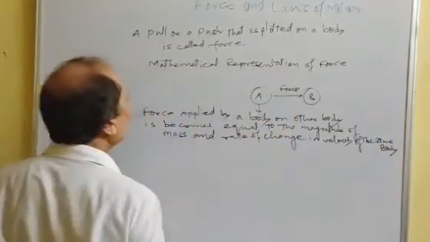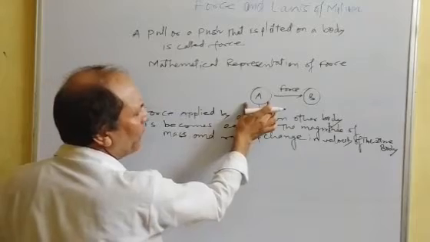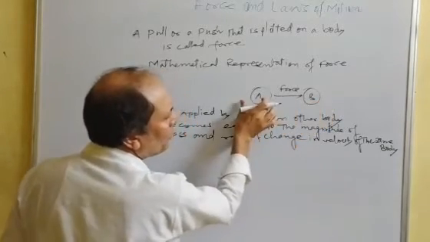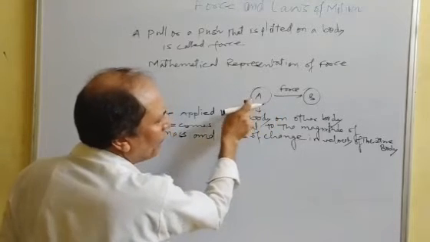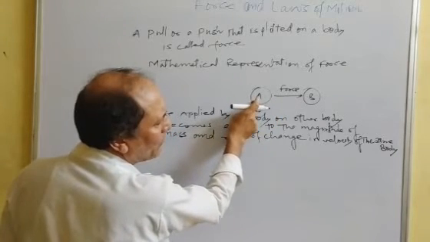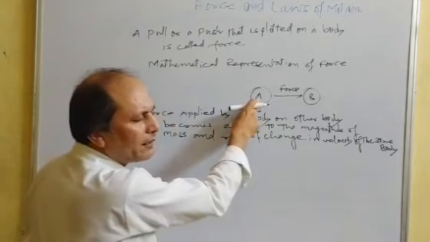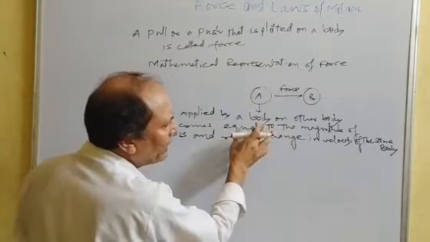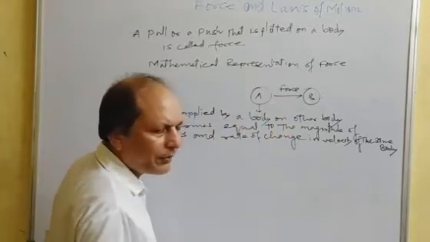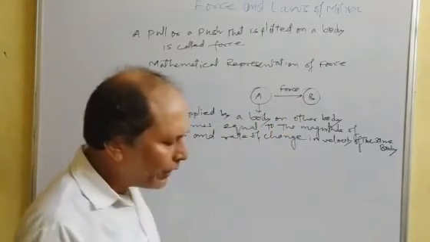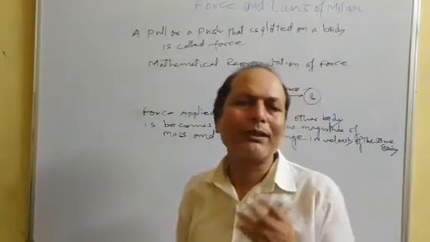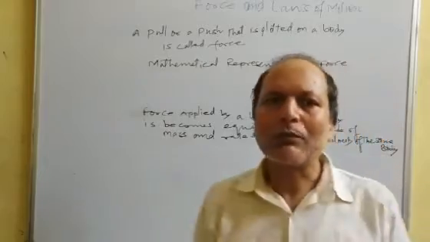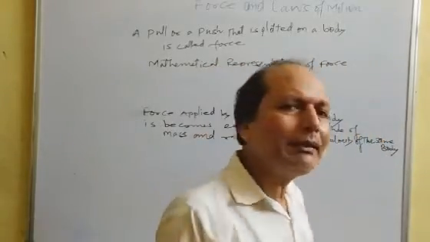In this situation, suppose body A applies force on body B. So the force applied by body A will be equal to the magnitude of the mass of body A and the rate of change of velocity of body A. That takes place surely if A strikes with B. If a body strikes with another body, it is a must that its velocity will change, and this change will take place at a particular rate.